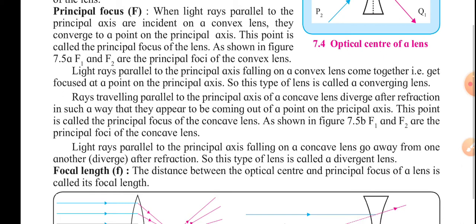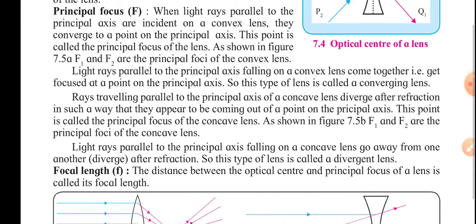Consider parallel light rays coming from infinity onto a lens. These incident rays change their path when they strike the lens because there is a change in medium. After refraction through the lens, the rays either converge at one point or diverge away from each other, depending on the lens.